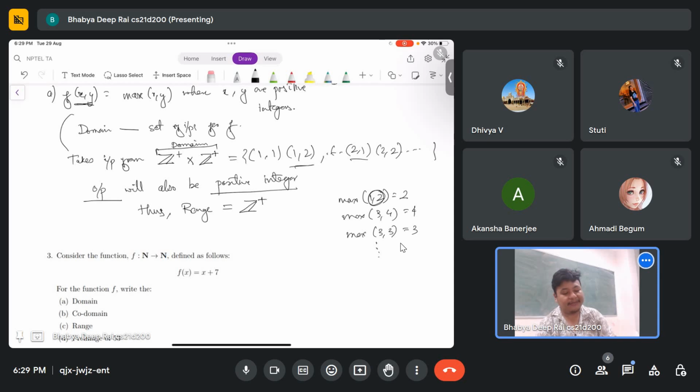It takes elements from this Cartesian product of the set of positive integers with itself and always outputs positive integers. So this set comprises the range, and this set comprises the domain.